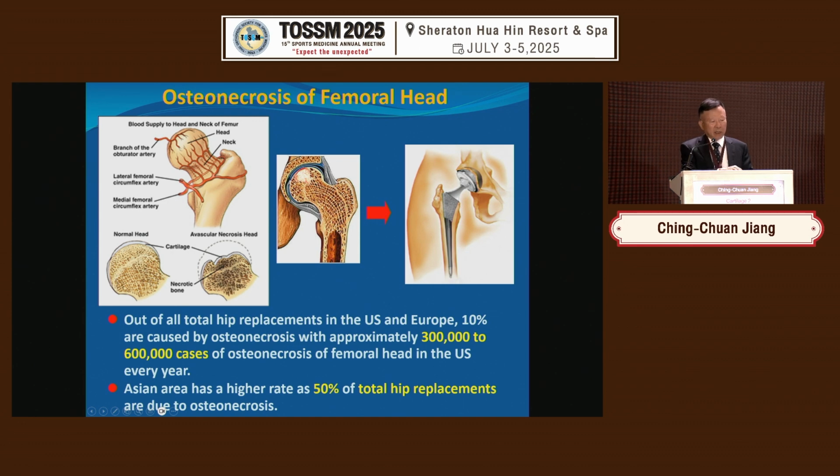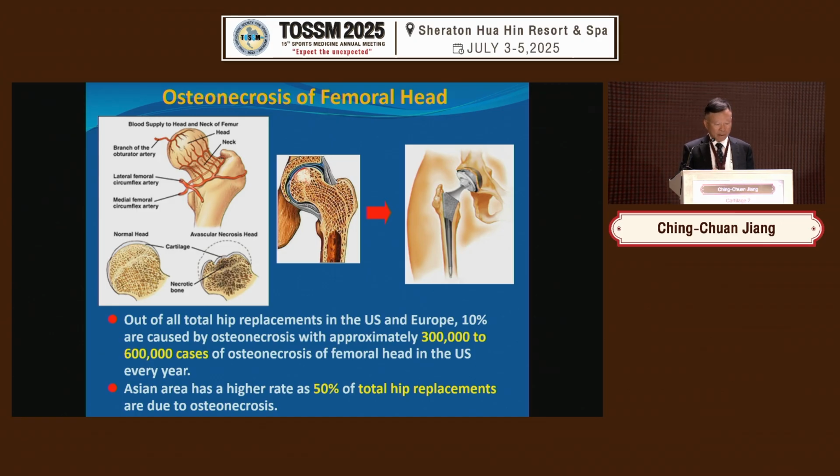So the etiology of osteonecrosis of the femoral head has many causes, but vascular issue is the main cause. Avascular necrosis is pretty common in Asian countries, from Korea, Japan, Taiwan, Thailand, even to Saudi Arabia.